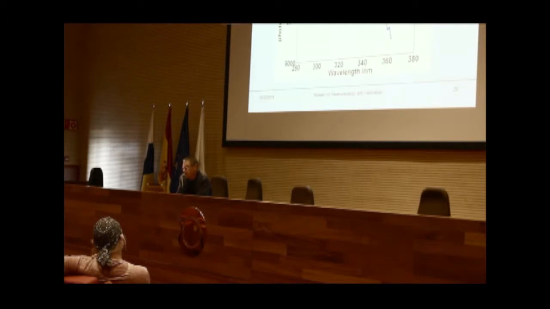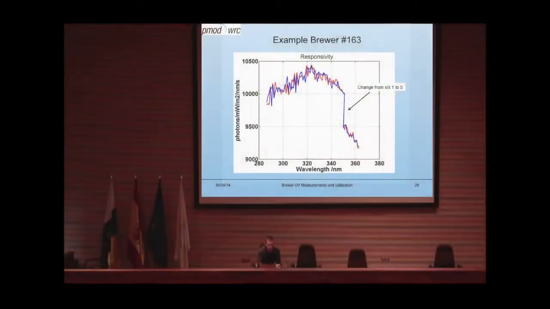You see the noise that I had with this instrument when it was calibrated. These are 2 scans, one after the other. The peaks that you can see are random. They are different in the red and the blue scale. You see here a sharp jump. That's the switch from slit 1 to slit 5.